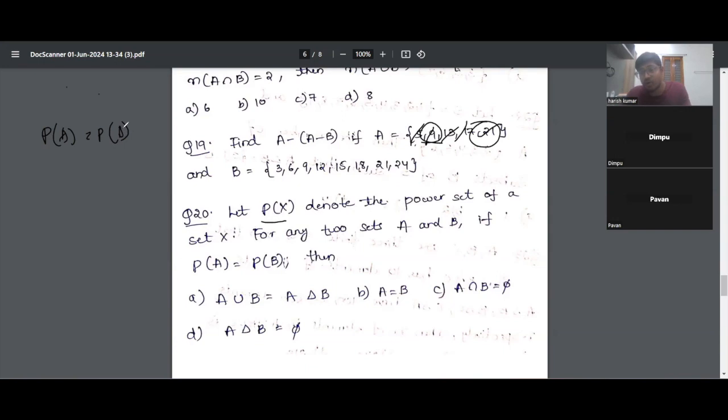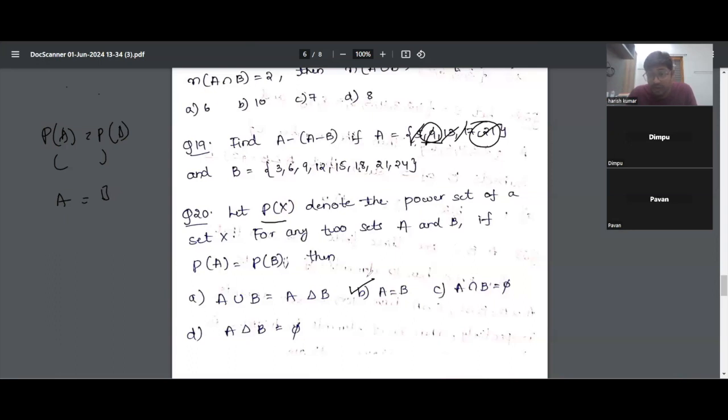The power set is the set formed by the subsets of A and the subsets of B. So if these two are equal, then obviously set A and set B will also be equal. Yes or no? Yes, sir. Right, because only if the sets are the same will the subsets also be the same. So set A and set B are equal. So option B is the correct answer.